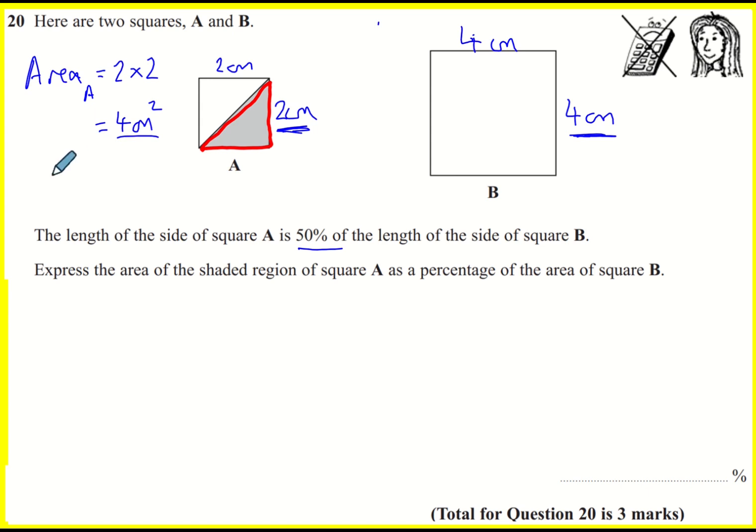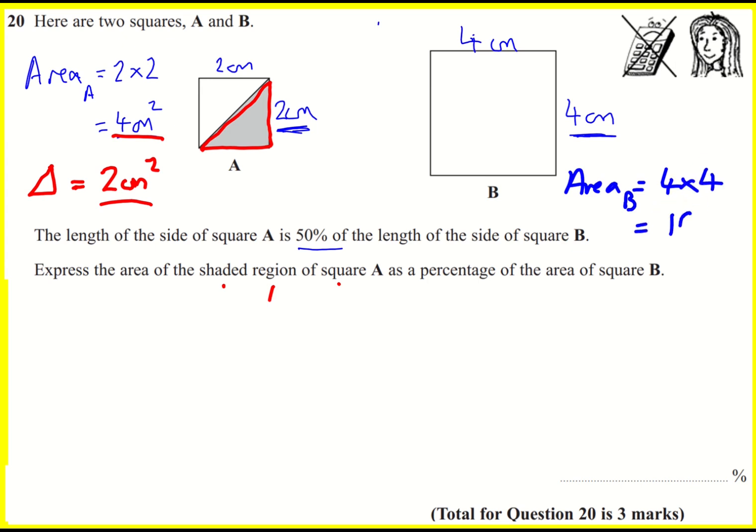Hopefully you can see that. So therefore, the area of the triangle is 2 centimetres squared, because it's just half of this. But it says express the area of the shaded region, the one we've just done in red, as a percentage of the area of square B. Well, let's look at the area of square B. The area of square B is 4 times 4, which is 16 centimetres squared.